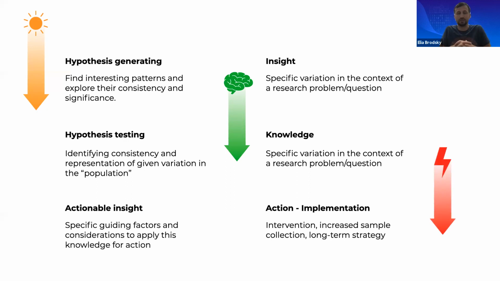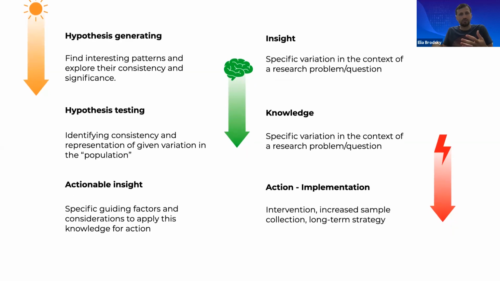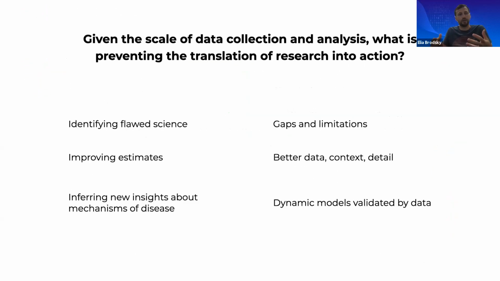That probably has a lot to do with communicating and convincing other people of how this particular insight is relevant to an intervention, maybe increased data collection, or maybe a long-term strategy that can involve multiple people that have to work together. And so the basic question again remains, how can we translate this information from bioinformatics analysis of genomic data to a translational impact?